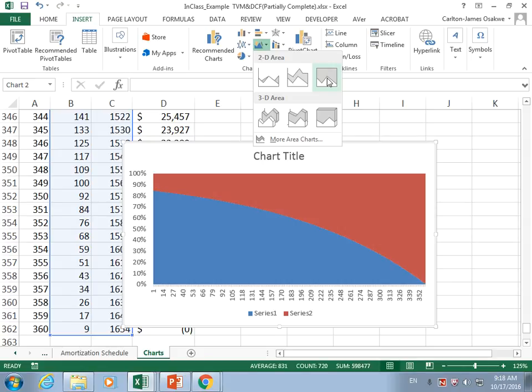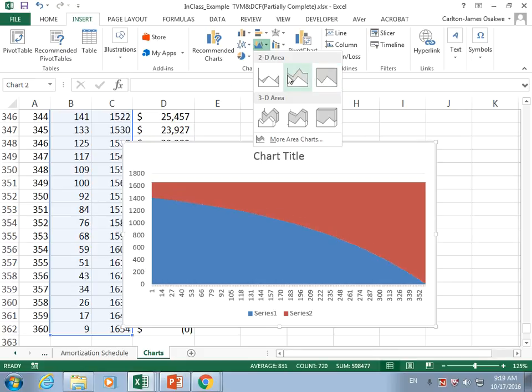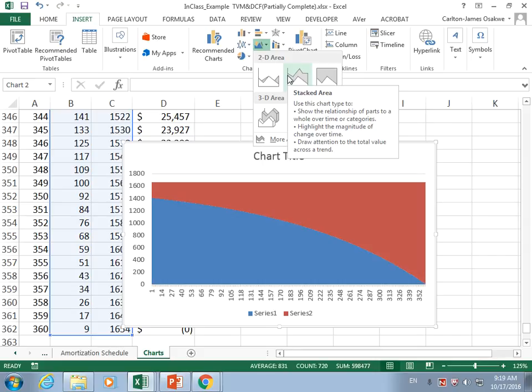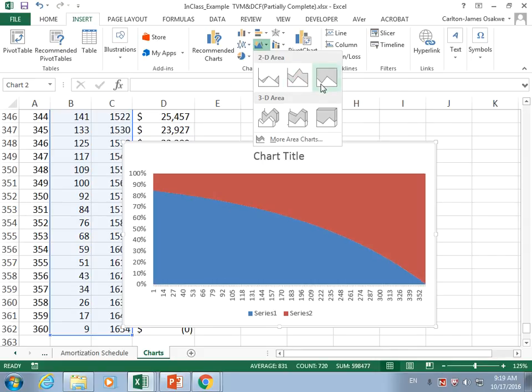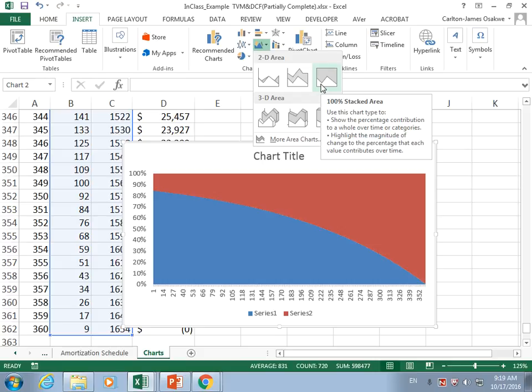And as time goes by, the percentage that goes to interest gets smaller. By the time you get out here to the end, it's almost 100% going to the principal and almost 0% to interest. So you can use this stack chart, or you can use the other. They look the same. One just shows the dollar figures, and one shows everything in terms of percentage.